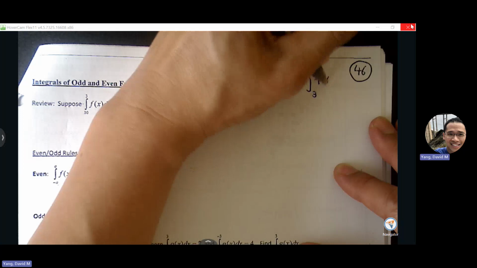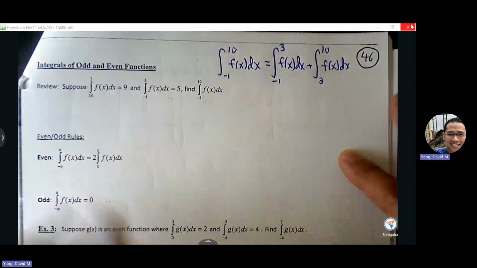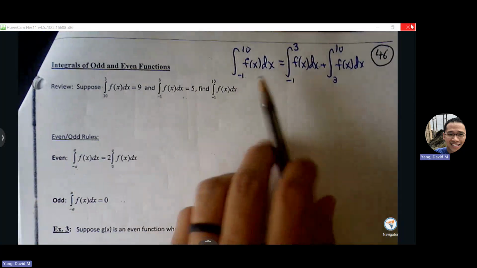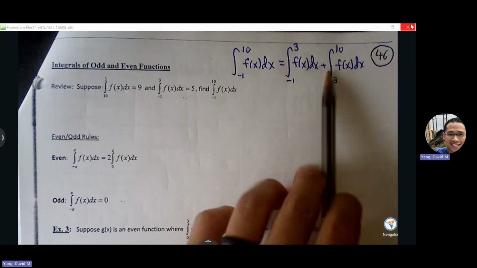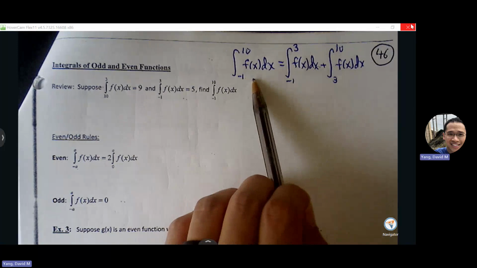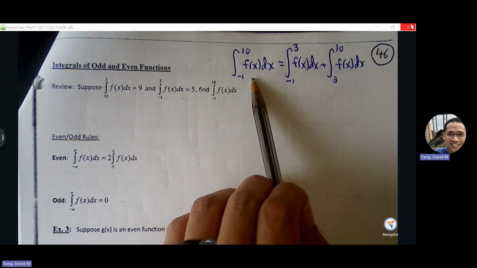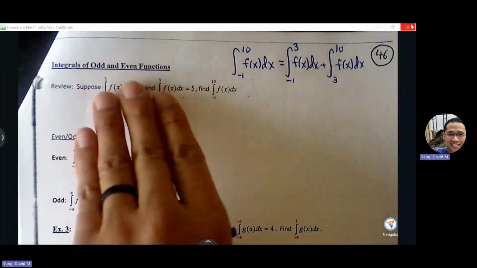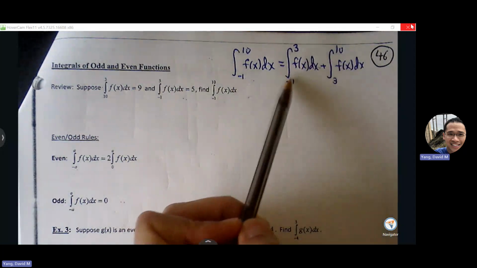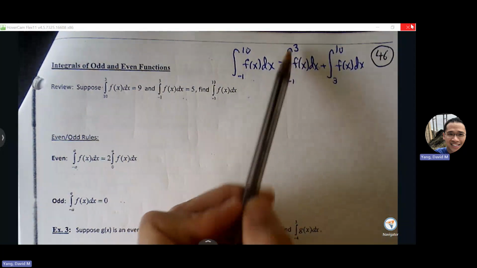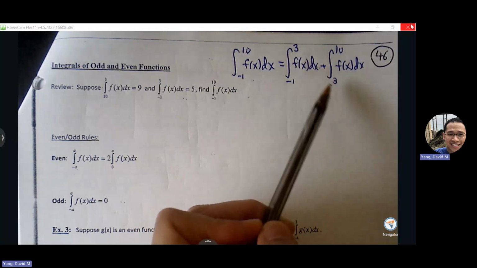The reason we want to pick these bounds is because these are related to what's given to us, right? So we have one region from -1 to 3, another region from 3 to 10. If we add these up, we're going to get the full region from -1 to 10. Is this 3 to 10? Well, right now I'm just looking at the bounds, but I know the order may not be correct, but I do know this is true, right? The integral from -1 to 3 and from 3 to 10 will give me that region.